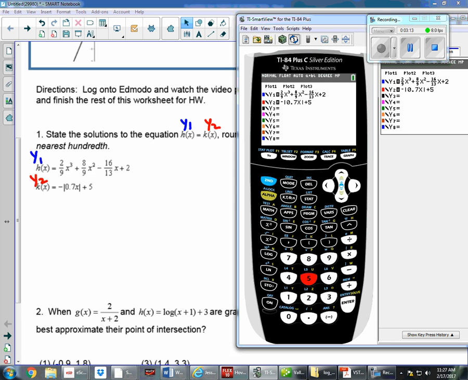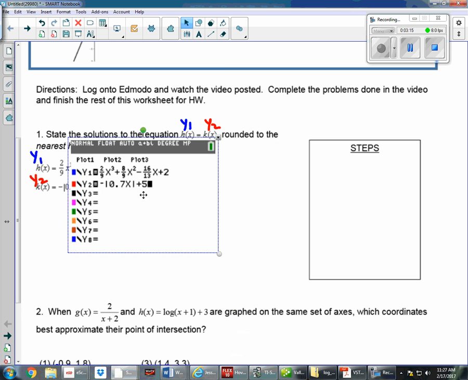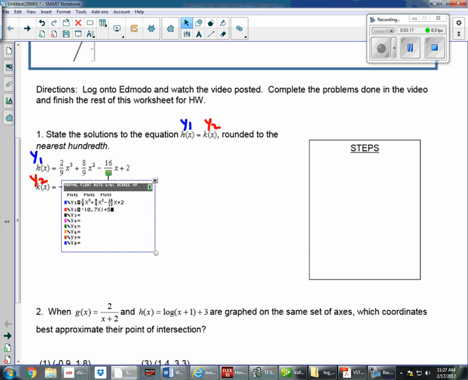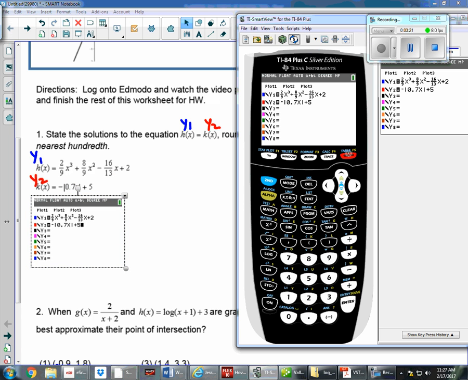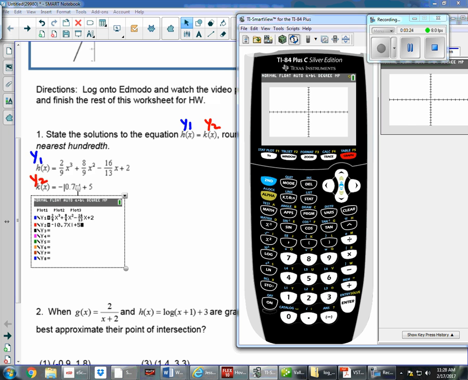So now if I keep those in my calculator and press y equals, I'm going to graph the two equations and see if I can interpret their points of intersection. Interesting.